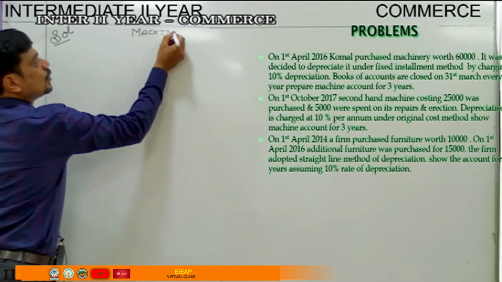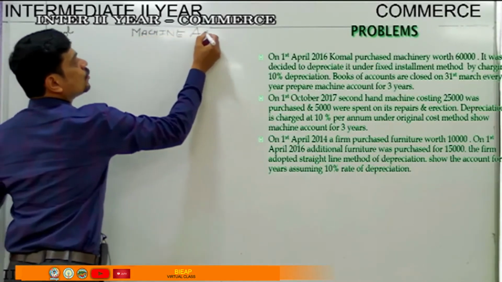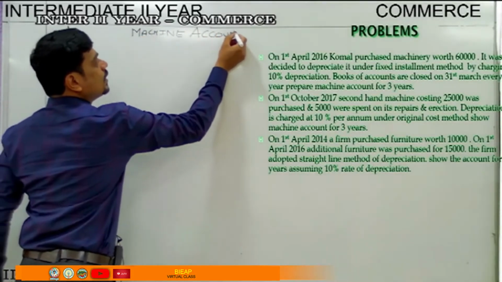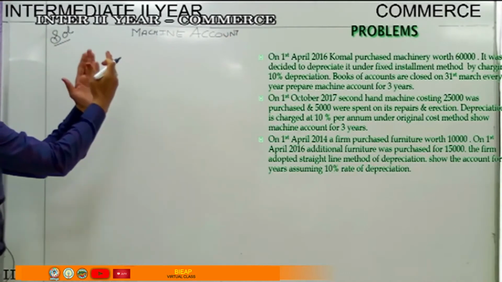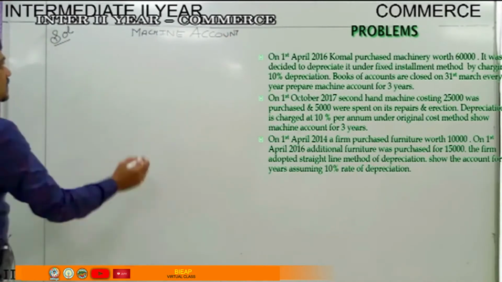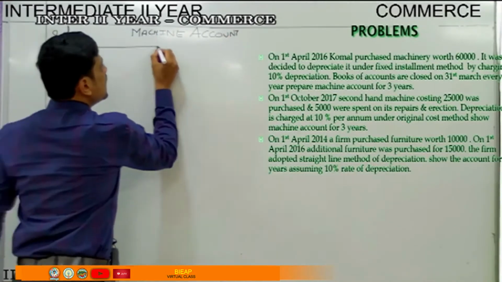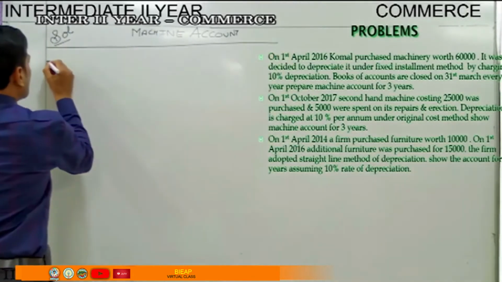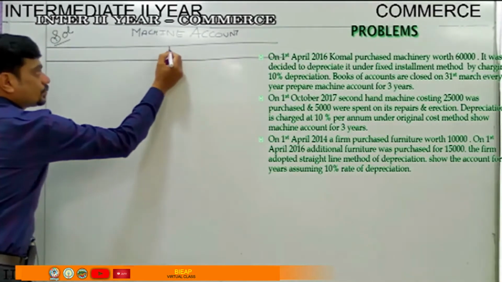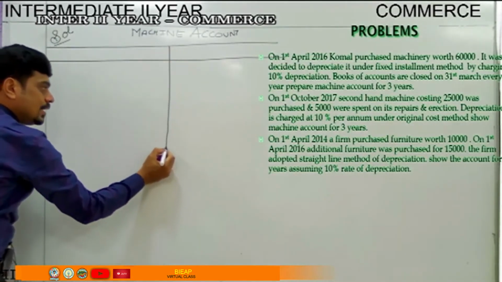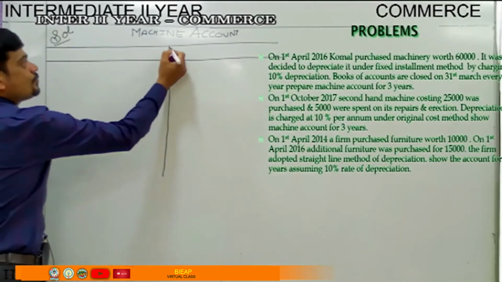Which account? Machine account. After that, fold the page so that it becomes two equal parts. Then keep the scale and draft the account properly, keeping the scale in the middle and drawing a half page account.